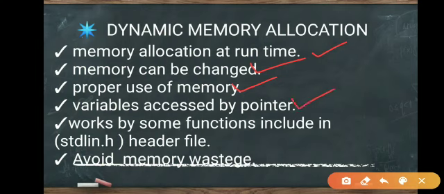See the main thing: we don't declare a variable name here, we access the variables by their address. So for better understanding, you should go through pointers. If you are weak in pointers, it's possible that you will be weak in this topic also. So go through the pointer videos.